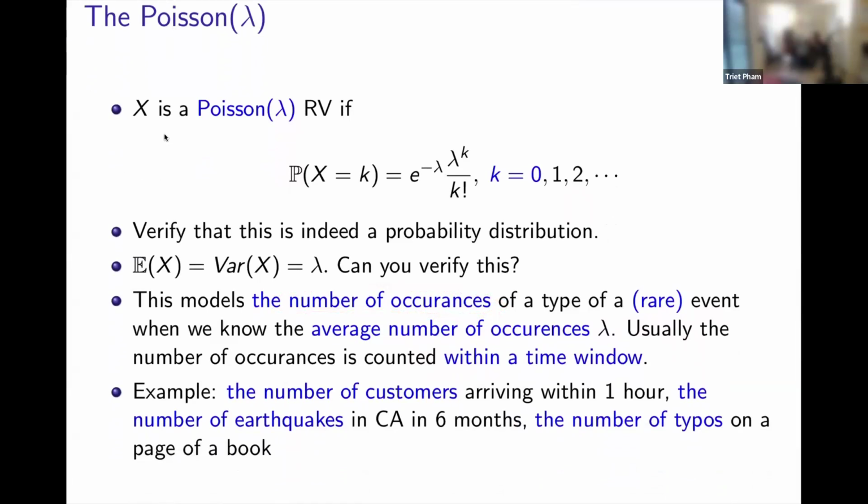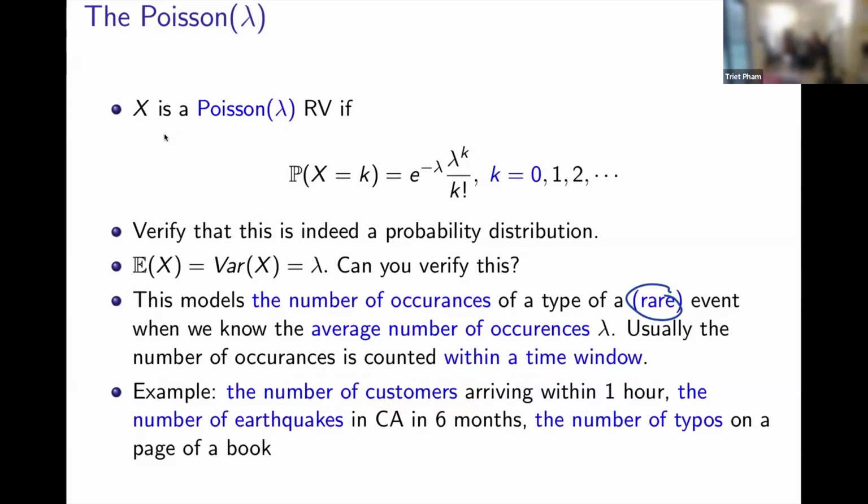The first thing you want to understand precisely is what does rare mean. The typical example used as a model for Poisson would be the number of customers arriving at a store in an hour.